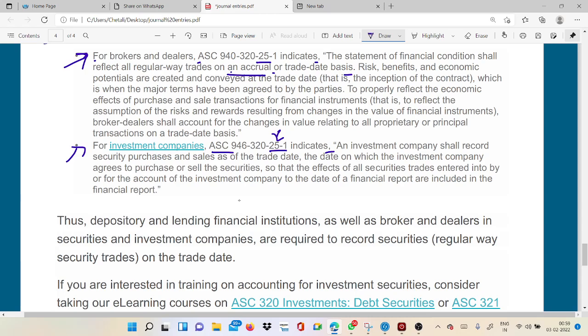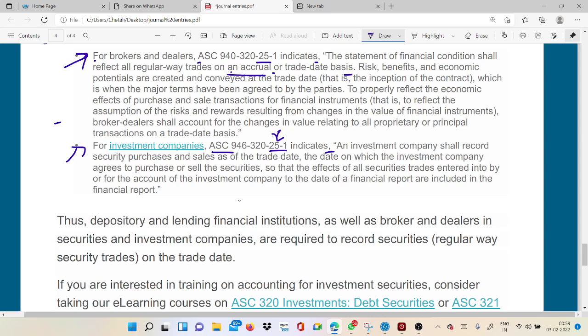When it agrees to purchase or sell the security, the effect of all securities trades entered into by or for the account of the investment company to the date of a financial report are included in the financial report. This is very important. It means all the market participants are following these accounting standards and preparing the accounting entries.